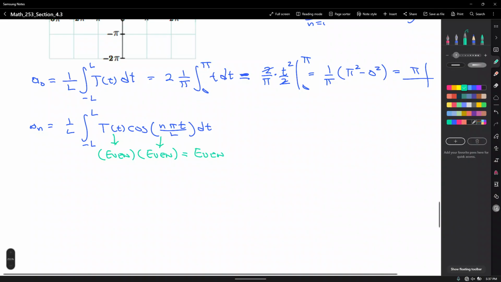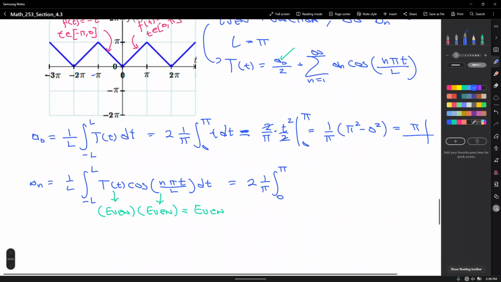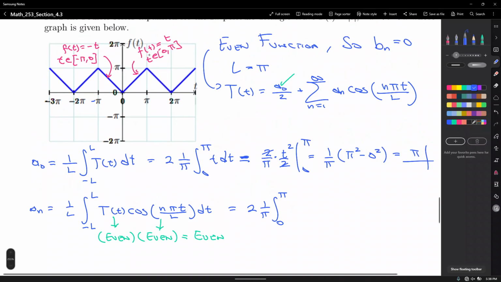Okay, so that means we can evaluate this integral as 2 times 1 over pi, the integral from 0 to L, which in this case is pi. And well, since we're integrating, guys, between 0 and pi, this uppercase T of t, which denotes the triangular wave, will be replaced with f of t equals lowercase t, because we're using the positive side of the graph, right?